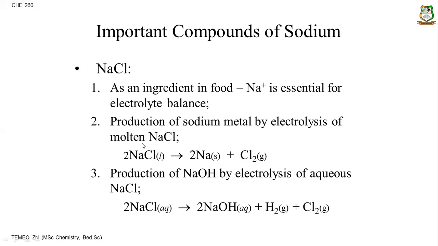We know that so far I've already explained to you that sodium is obtained by the electrolysis of molten sodium chloride and not aqueous. So the keyword here is molten, and I gave you the reasons why.